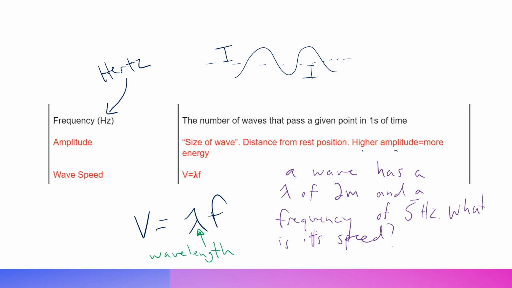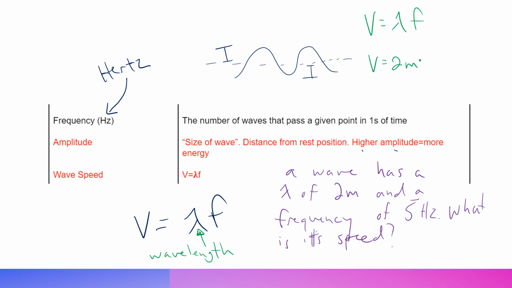If I'm asking you this question, just set it up like the formula here. Let's do V equals lambda f, and replace our variables. We know that our wavelength, that's what the lambda symbol means, was 2 meters.